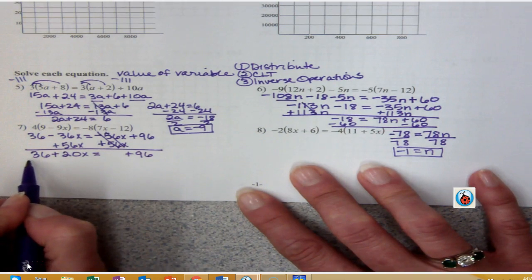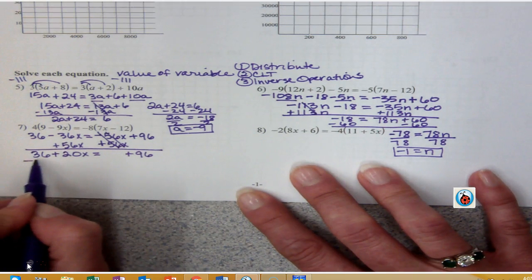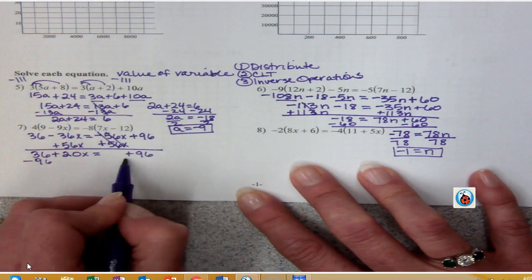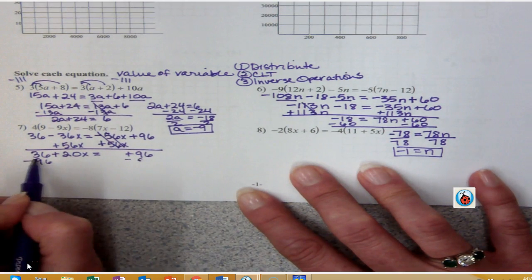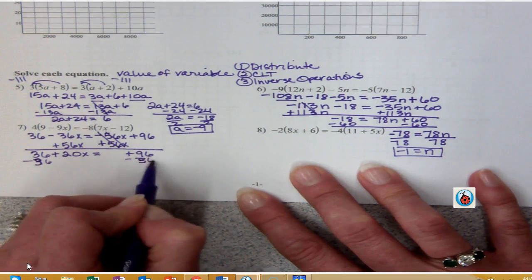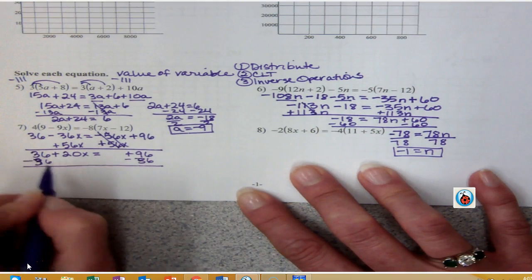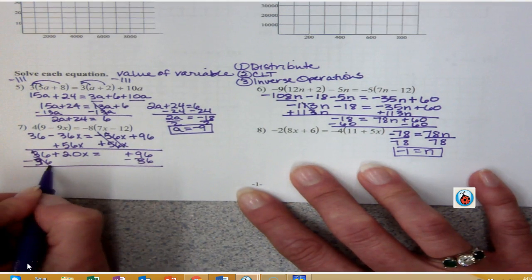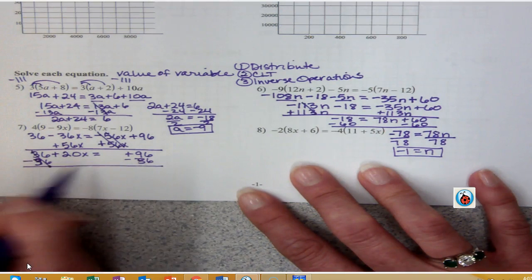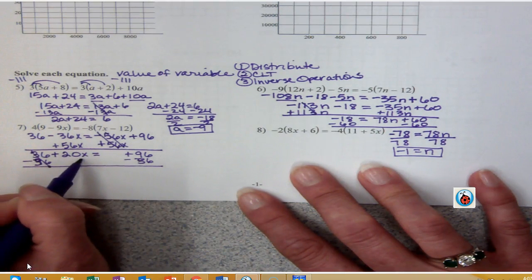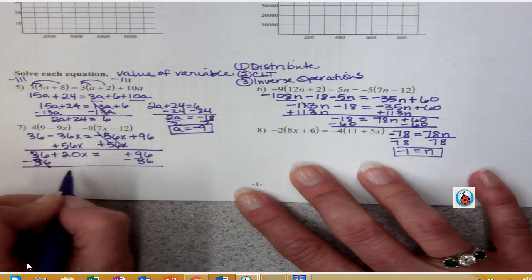So then I need to get rid of my 36. I subtract 36. This crosses out. And the reason I'm doing that is because I need to get my numbers on the opposite side of my x.